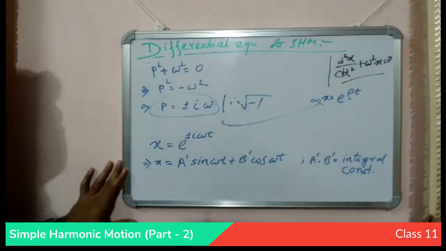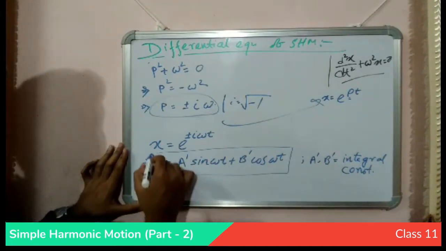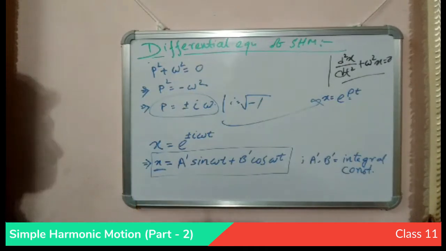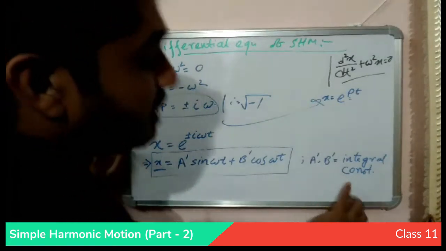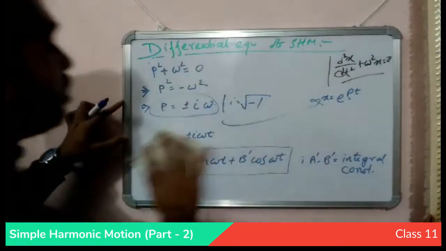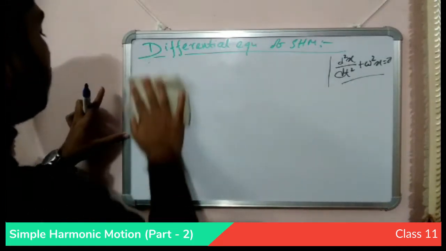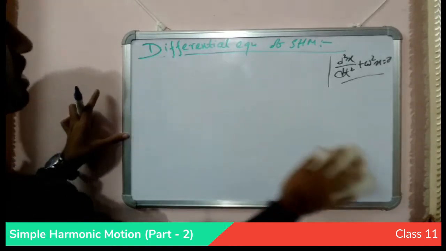Okay, so this is our displacement equation of SHM, that is the x equation. Now as a and b are constants, we can put some values that will help us evaluate the equation easily.